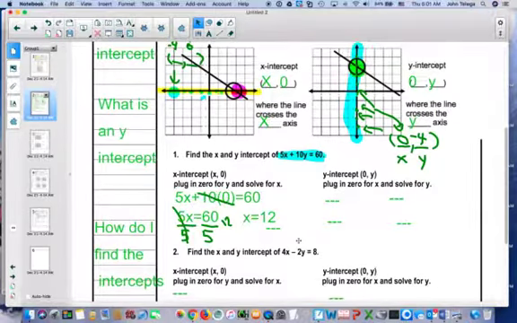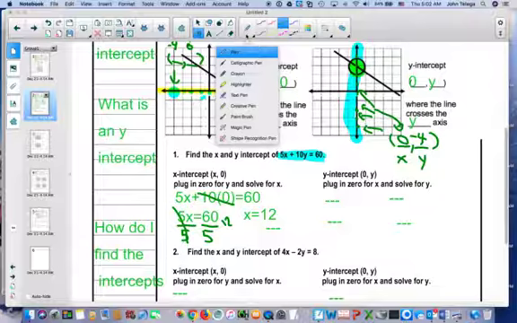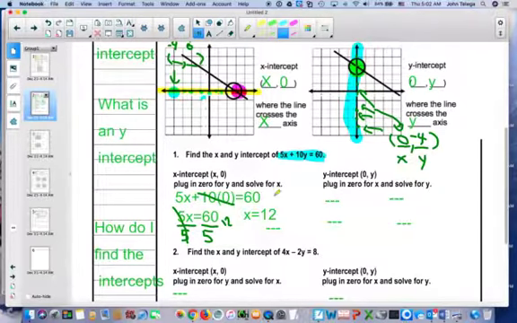That actually means that the place where the line crosses the x-axis, this one right here, is at 12. This says x equals 12. That means it crosses at x equals 12. Okay, so like this piece right here, this would be x coordinate positive 12.